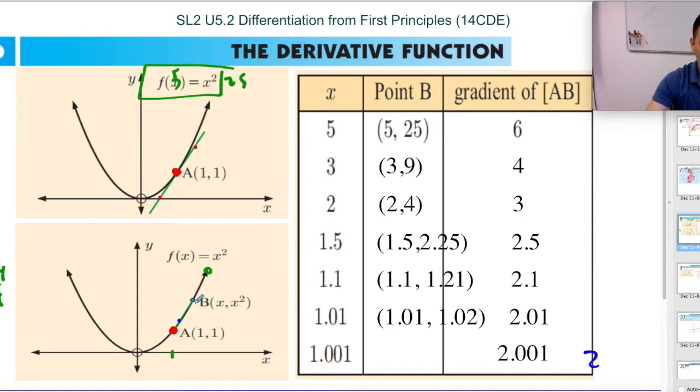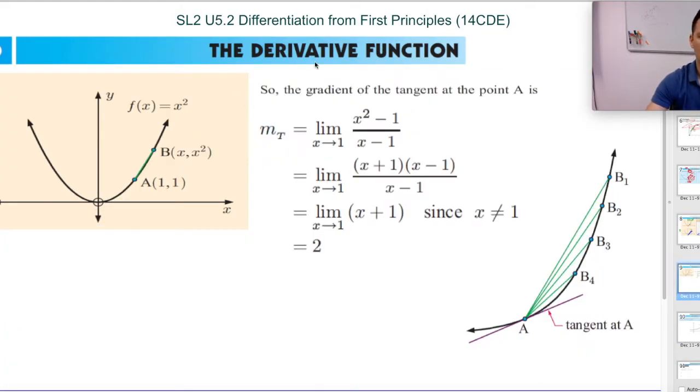And it looks like if we keep doing this and bringing this dot closer and closer to our target dot, our slope becomes more and more like the actual tangent. And this is the whole idea behind calculus, finding the derivatives. So here's our A, we want this actual tangent line.